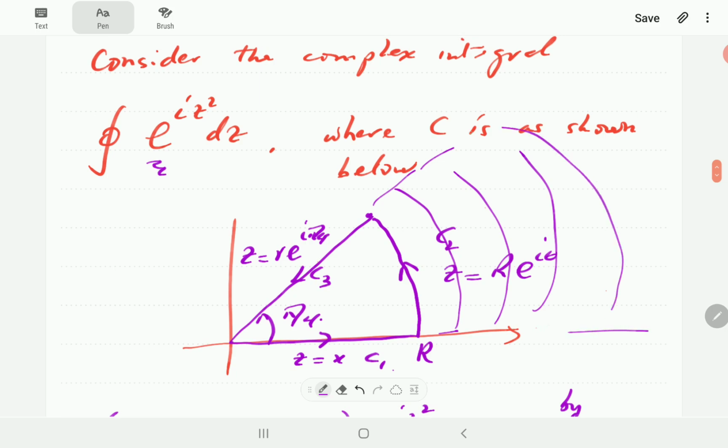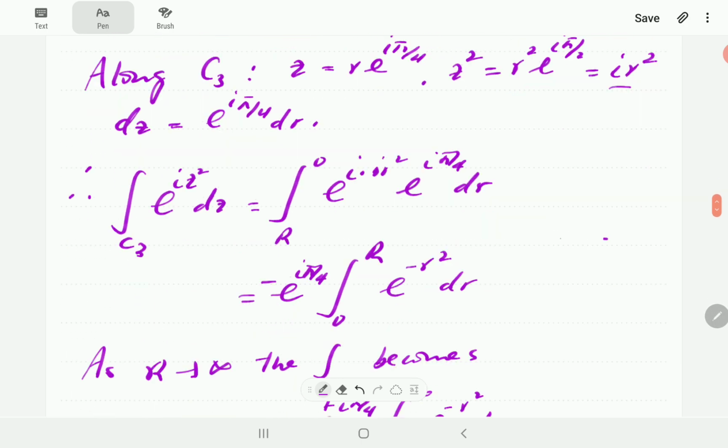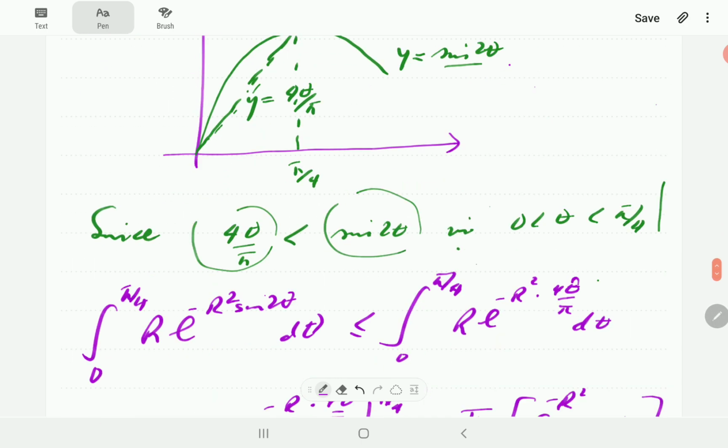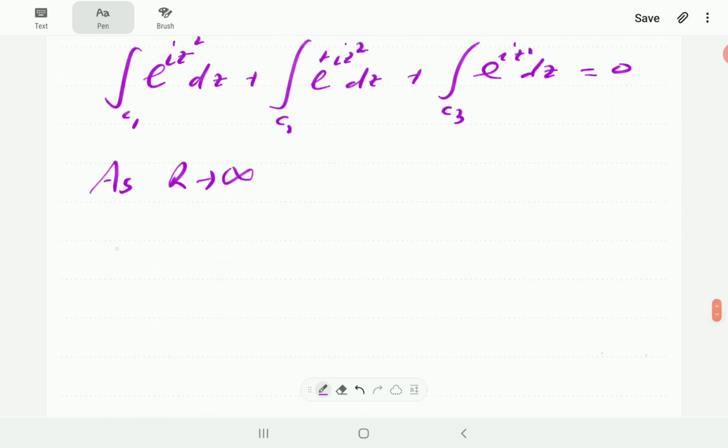And according to the theory of analytic functions, this result should still hold because this function is analytic. So when we do that, this first one is going to work out to the integral from 0 to r of e to the ix squared dx.